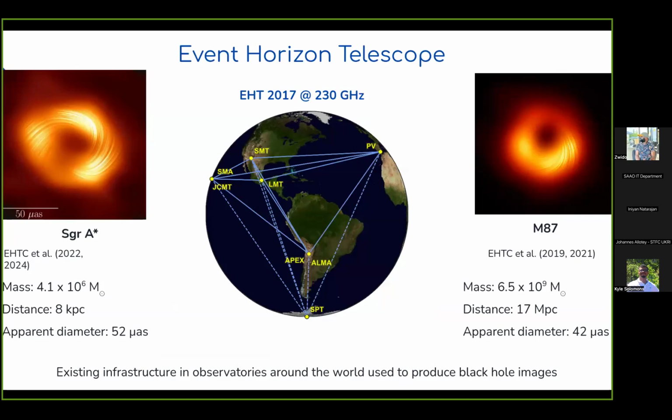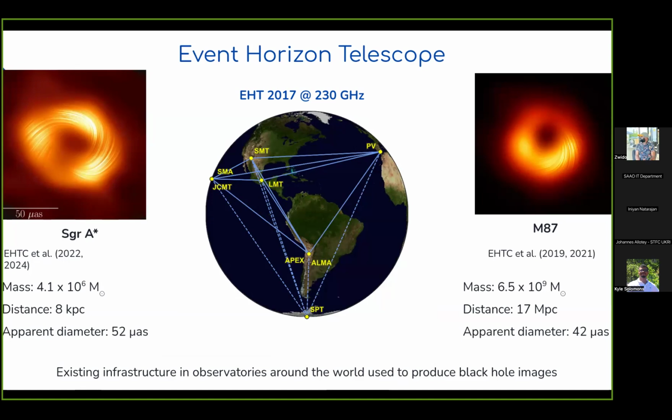I work with the Event Horizon Telescope. The EHT famously produced the resolved black hole images of M87 and Sgr A*. On the right, you see the polarized M87 image that was published in 2019, and later the polarized images were published in 2021. Sgr A* was published in 2022, and polarization information was published last year.